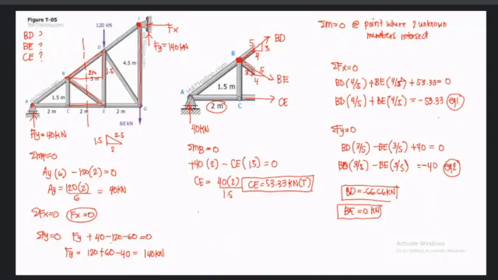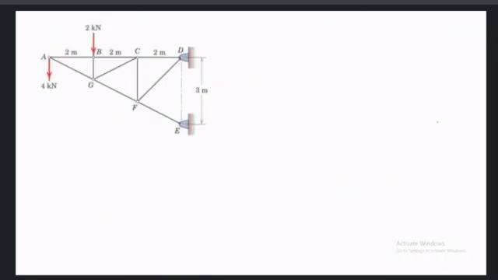Okay, so that's your first problem. So meron pa dito. So eto, kung hanapin natin si BC, si GC, saka si GF. Napakagaling ko naman pumili ng example. May mode 5.1 na naman.